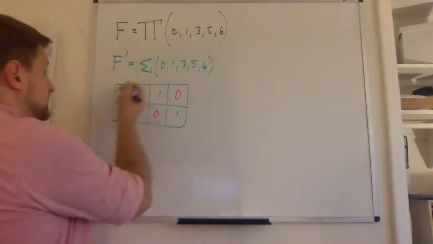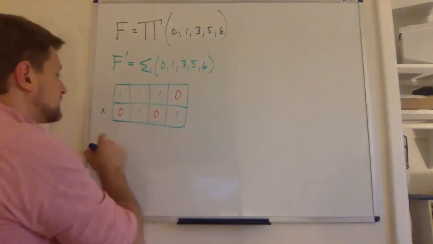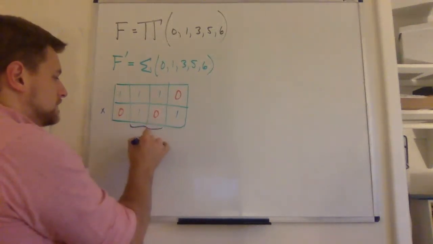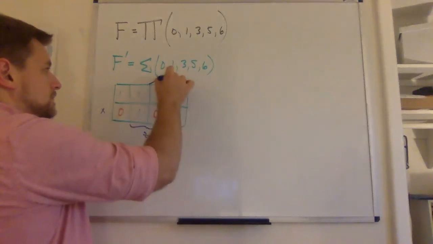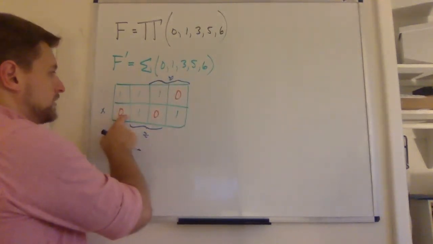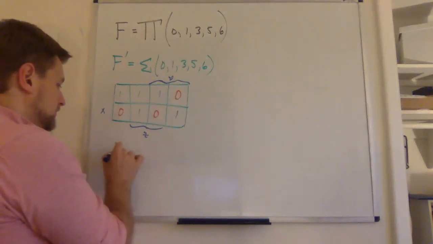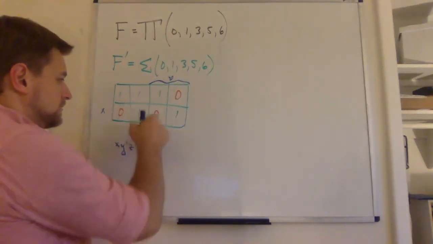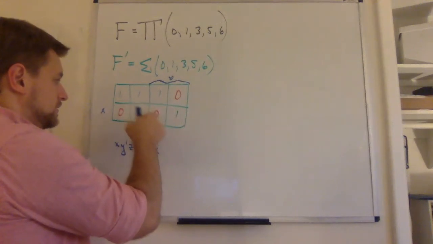If this is x, y, z, so here we go, we're talking about x, not y, not z. We're talking about x, y, z.